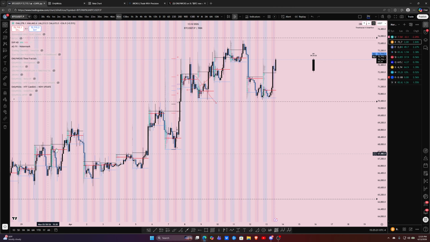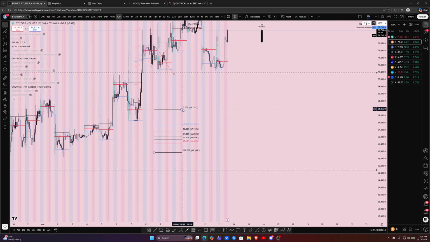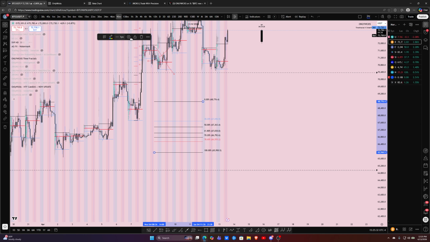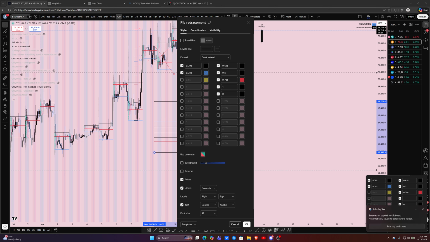But either way, that's the setting for the deviations, okay, guys? And then now we're gonna talk about retracements, okay? So now retracements is gonna be completely different. This is the setting for the retracement. So this is very basic fib.